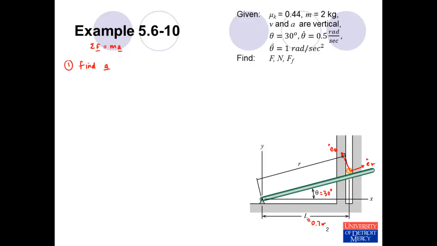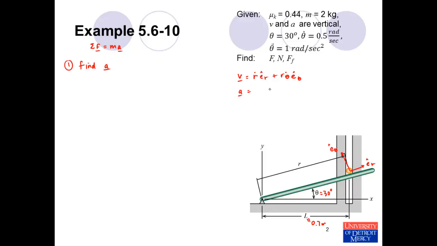And if we go back to our notes regarding acceleration in polar coordinates, we have these relationships. The velocity in polar coordinates is equal to r dot in the radial direction plus r theta dot in the transverse direction.